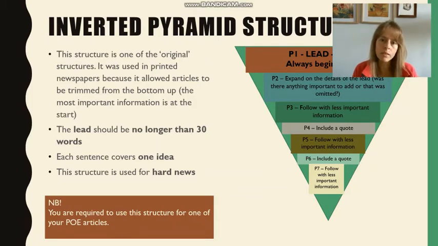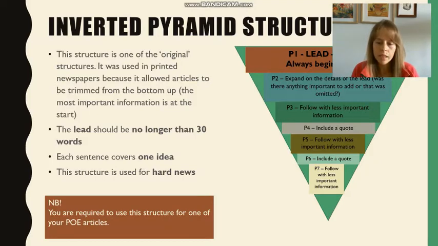Okay, so 25 to 30 words is sort of what you should be aiming for. If it's longer than 30 words, it's probably too much information just for the lead. Every sentence that you write in an article like this, for all hard news articles actually, must just cover one idea. Okay, so never try to pack too much information into one sentence. Every sentence must just carry one idea.